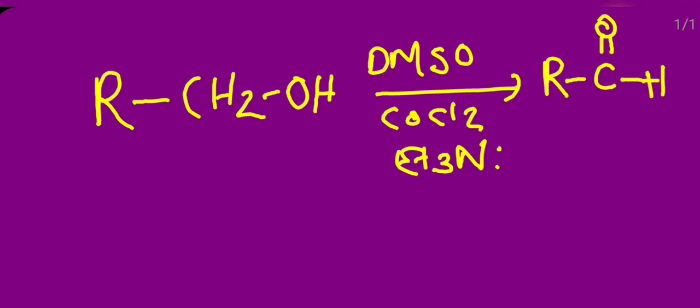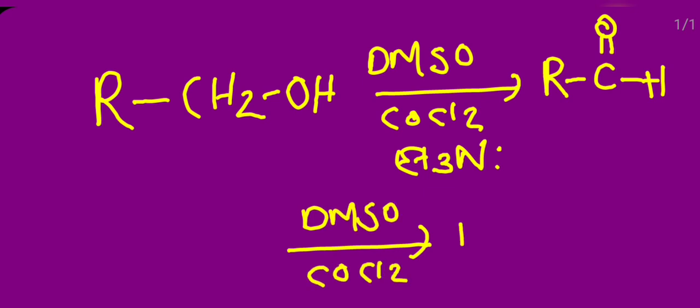And if on the arrow, for the same reactant, only DMSO and oxalyl chloride are given, then the product will be the substituted product. This is how the base plays an important role in the Swern oxidation reaction.